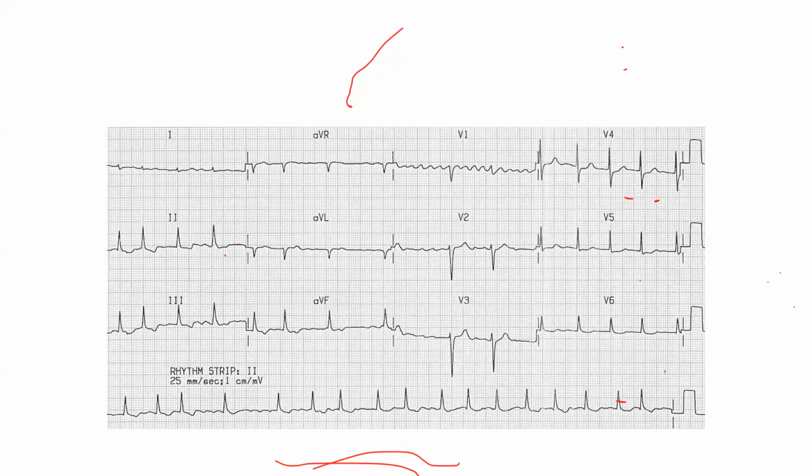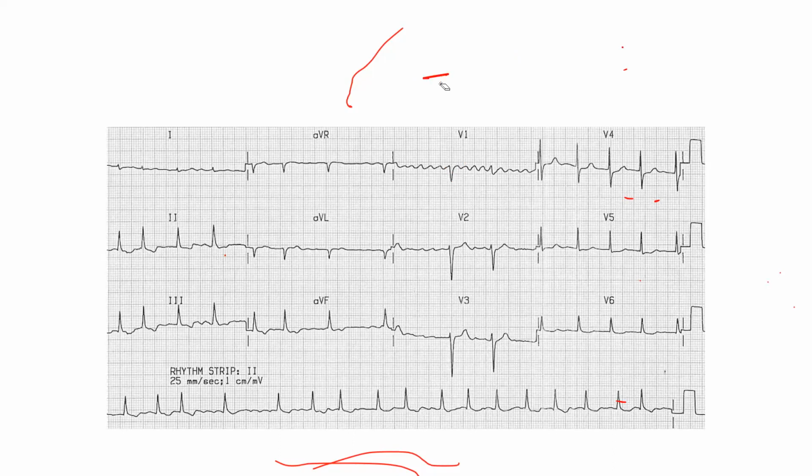Sir, AF with fixed ventricular rate. Okay. Right. So if all the waves are not followed by P waves, basically in AF there are no P waves at all.